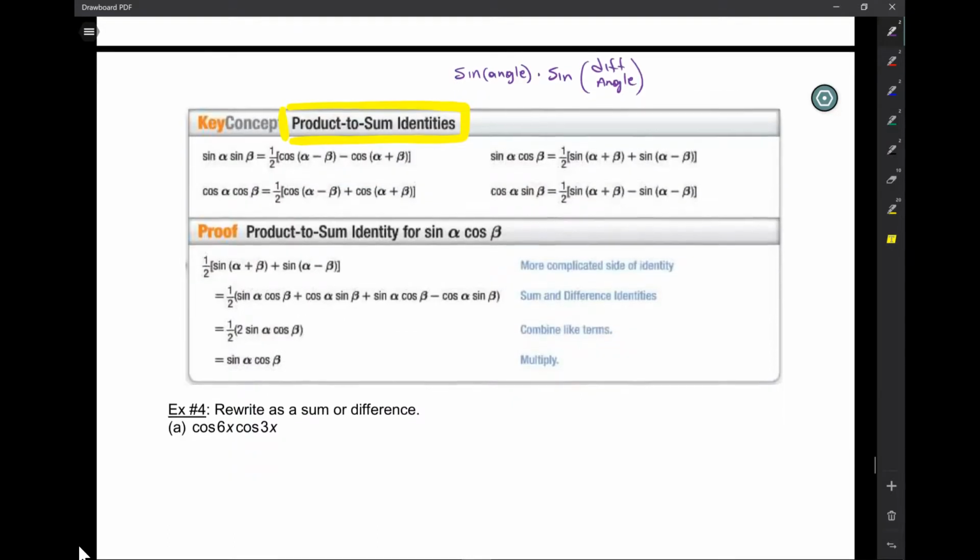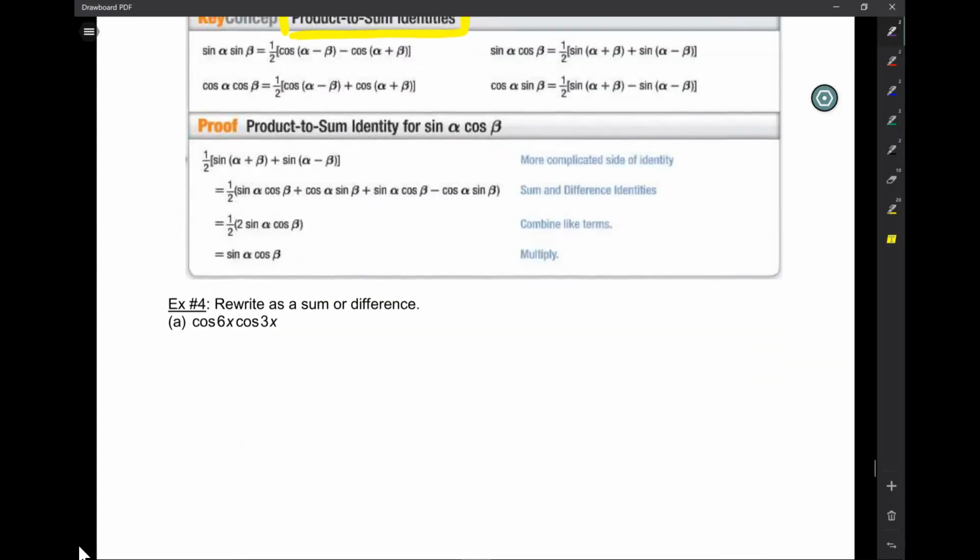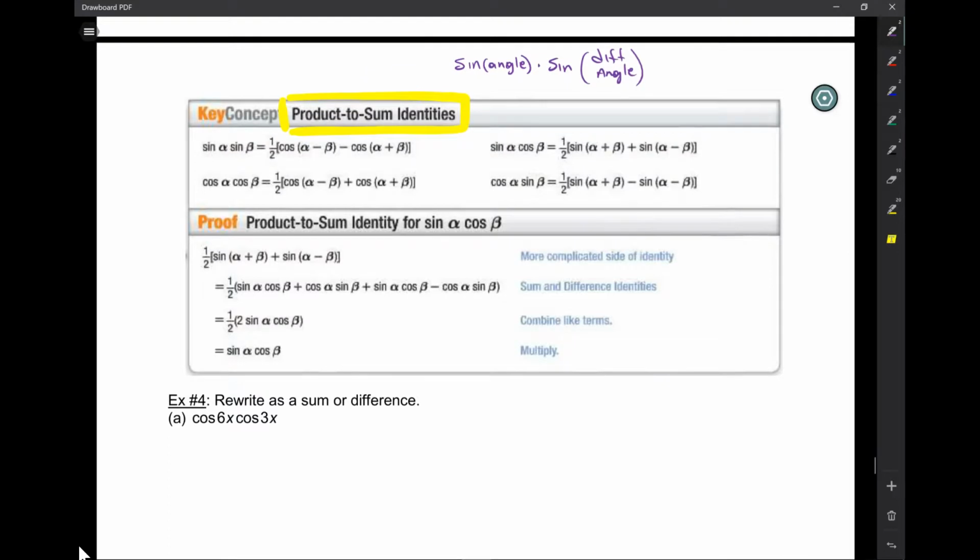That's the thing. There is no tangent. These are the ones that you have. So if you have sine of alpha times sine of beta, that's what you plug it into. It's product to sum, meaning you start with a product, multiplication, and you end with addition or subtraction.